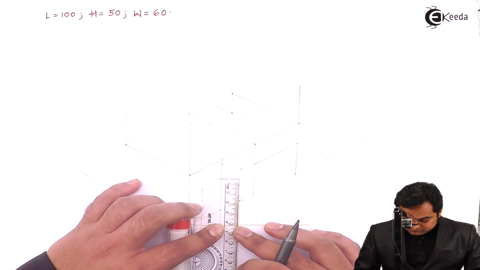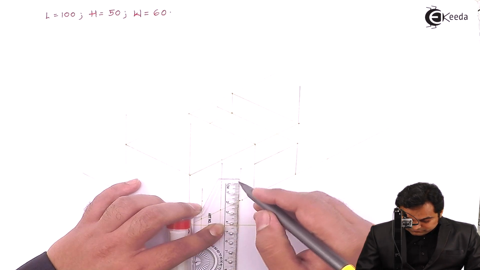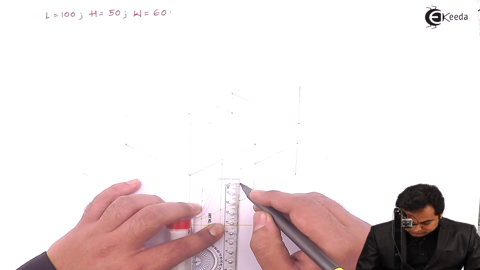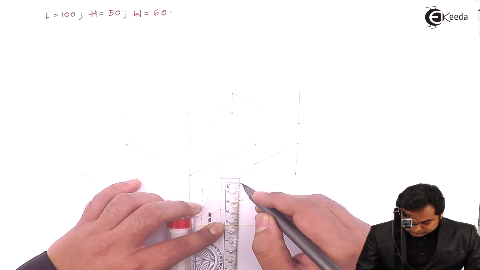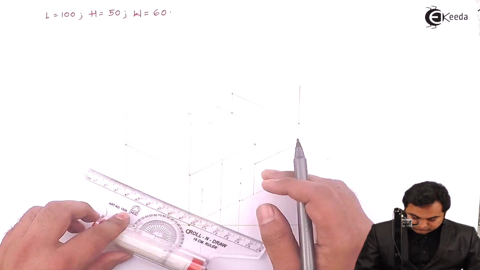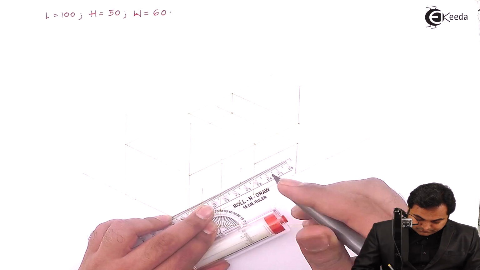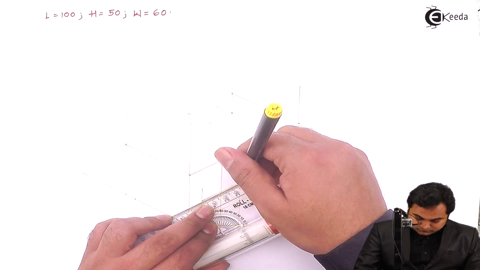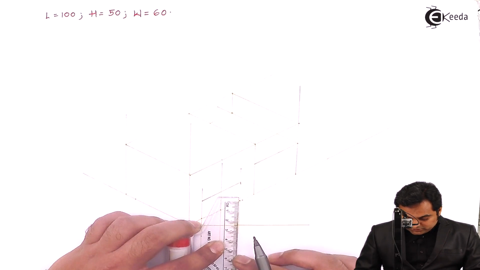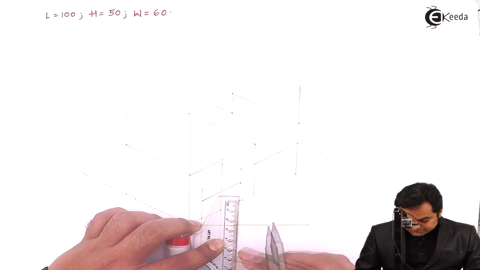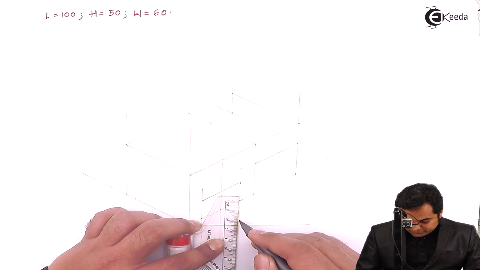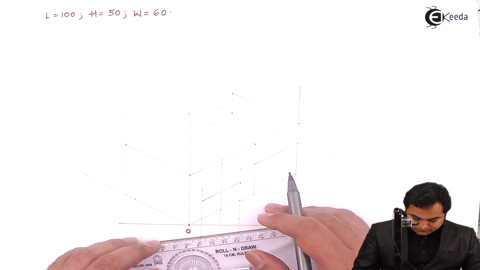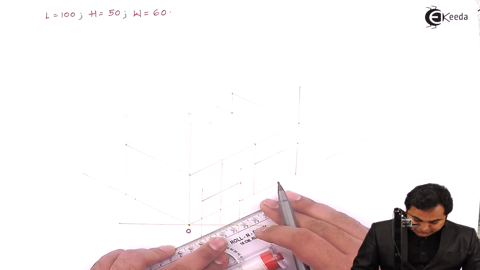Similarly here, joining these points. Next, taking 18 mm below, joining these two points.